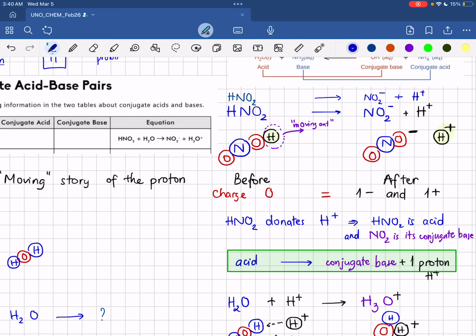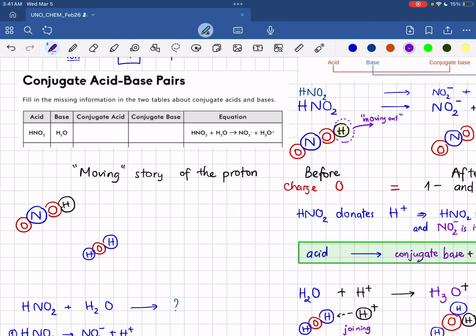Basically here we see the nitrous acid has donated one proton, so it is called an acid based on the Bronsted-Lowry definition. And then this one is what is left, and it becomes its conjugate base. We should have another minus here to represent the negative charge of that molecule.